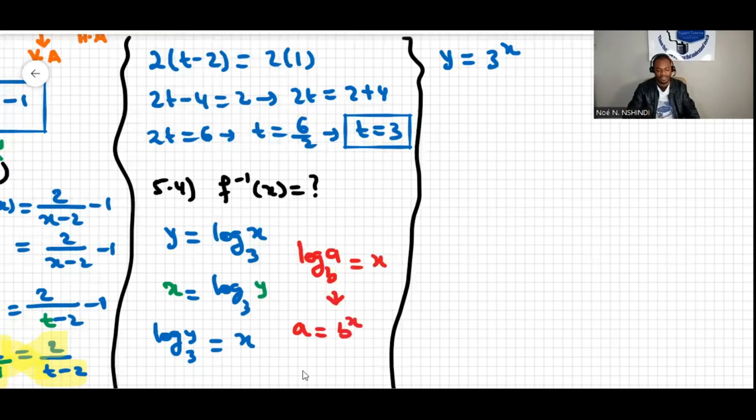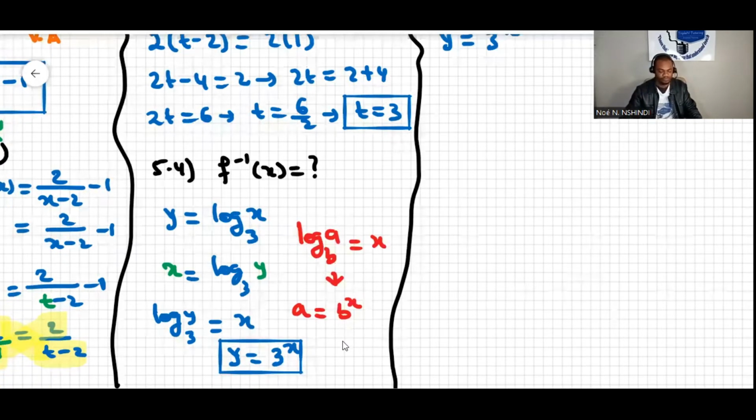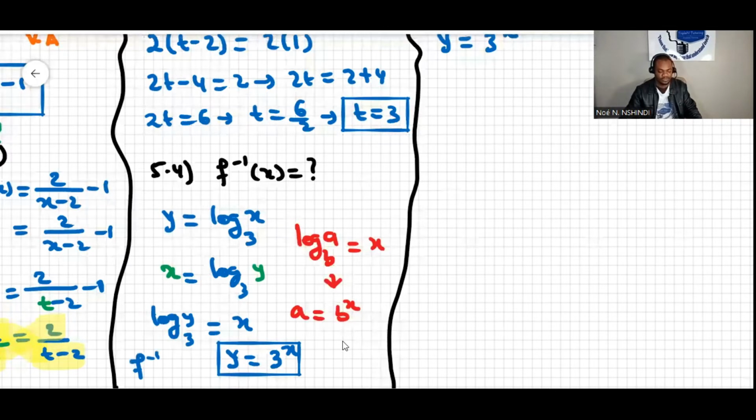So this is what I apply. Log of y base 3 equal x simply means that y will be 3 to the power of x. So I can just write it over here. y will be equal to 3 to the power of x. So we have f minus 1 of x.